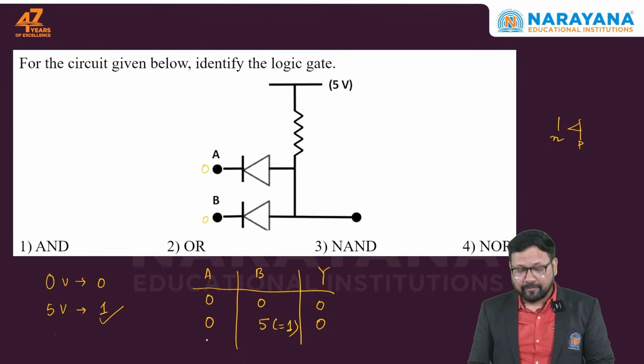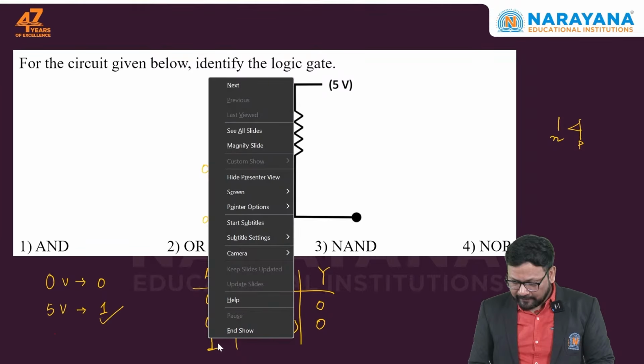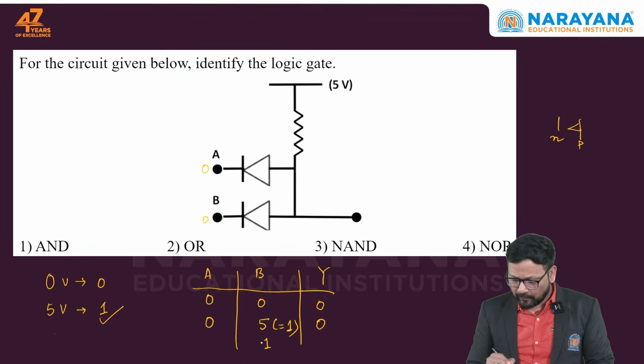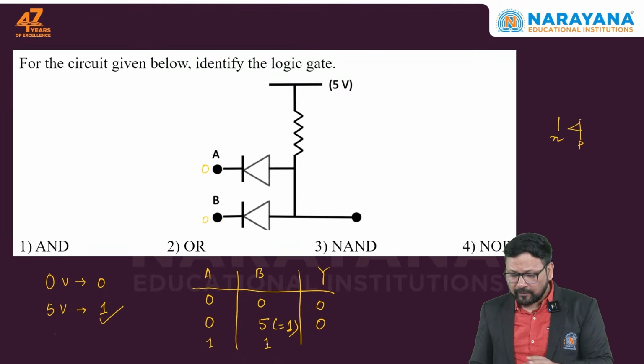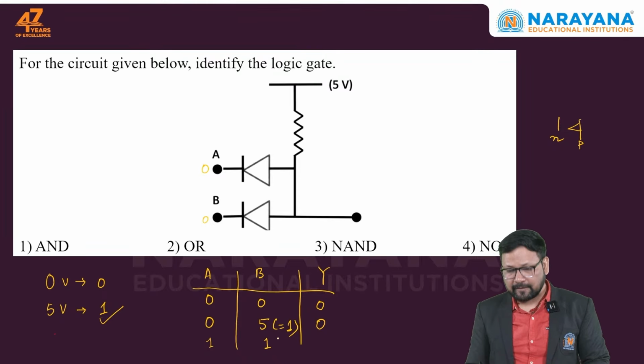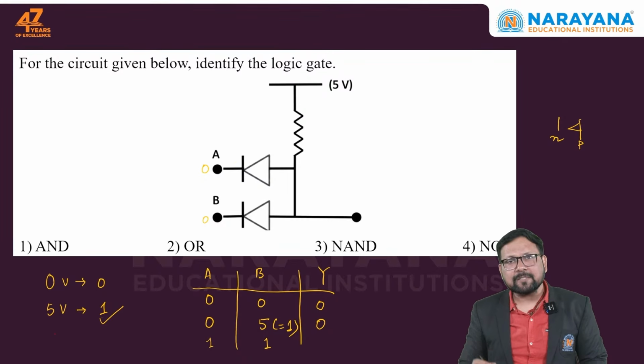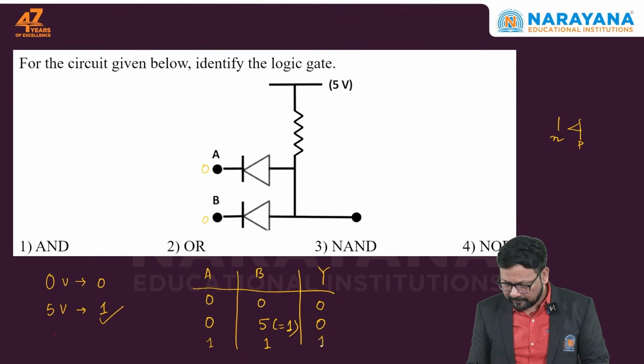Then again, if you are giving 1 and 1, it means both we are giving 5, 5 volt, denoted as 1. Both will not conduct, all the diodes are in reverse biasing. So the output you can see is 5 volt, and that only will be there.